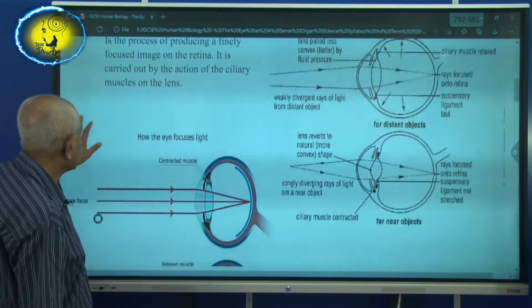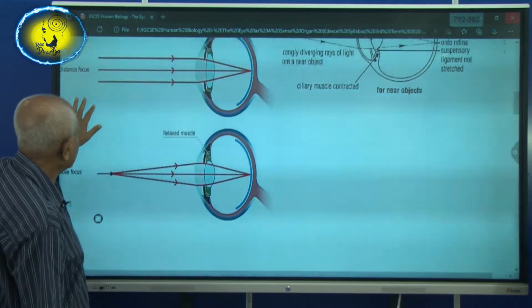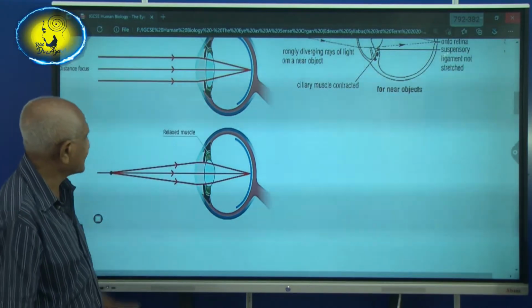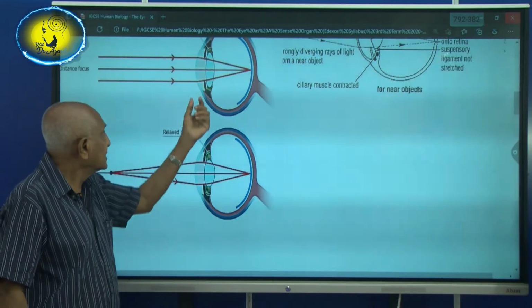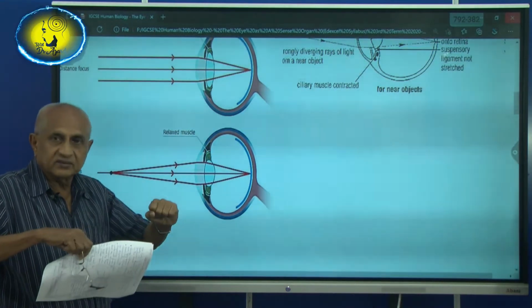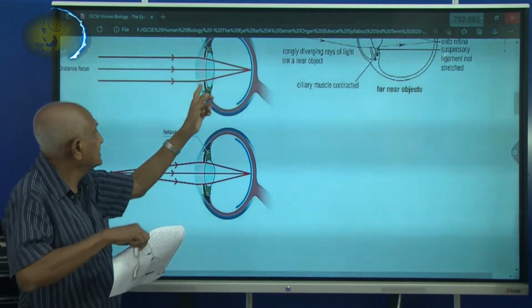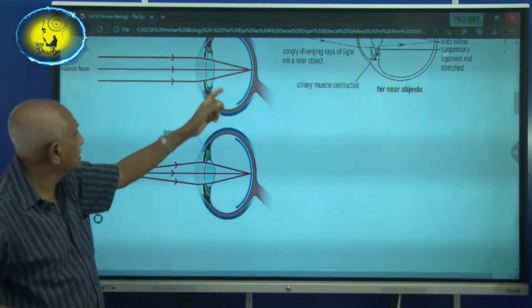You can see this, the other one. Now see, here the ciliary muscles are contracting. When they contract, the ciliary muscles are pulling the lens, so it becomes thin.